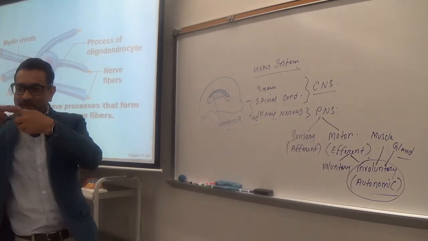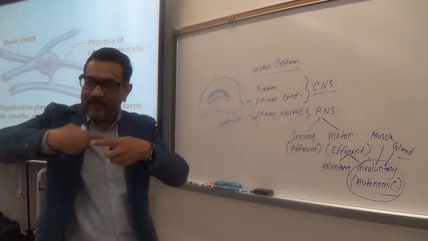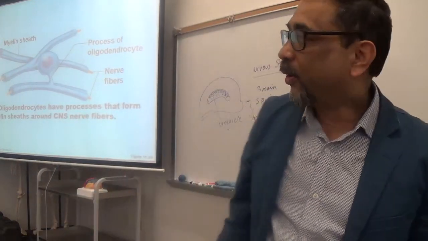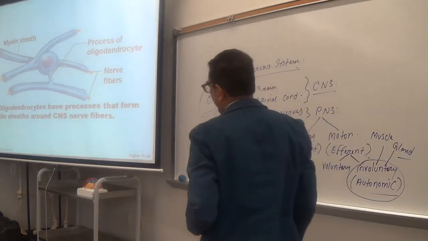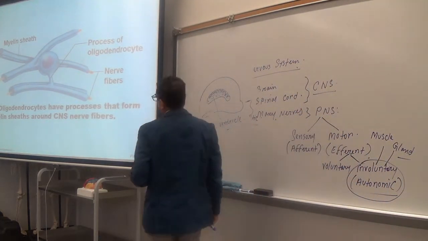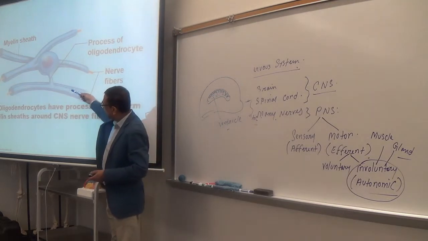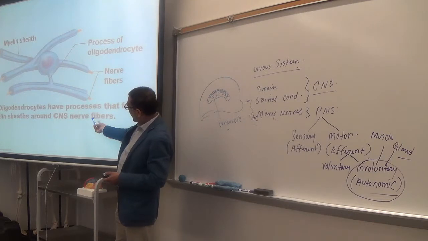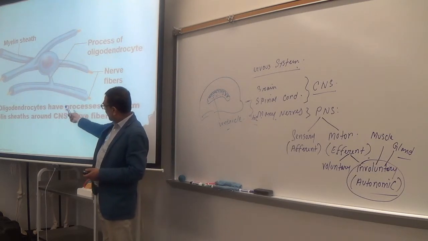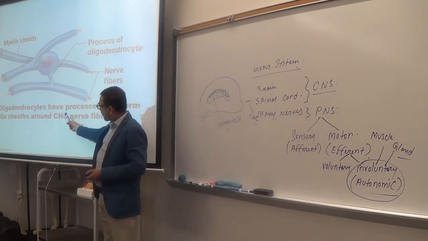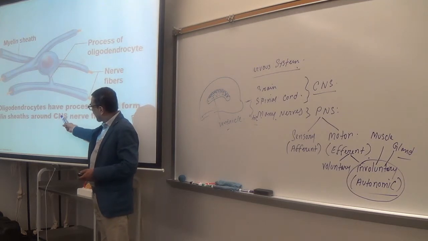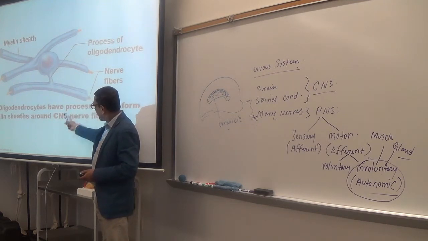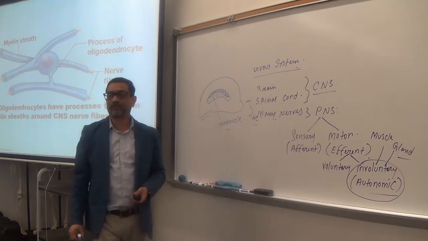Like, you know, it's the nerve fiber forming insulation around it. So, oligodendrocytes, but this is important, I may ask you. Oligodendrocytes, that sheet is called myelin sheath. Okay, myelin sheath. And remember that oligodendrocytes form insulation around the nerve fibers in the central nervous system.